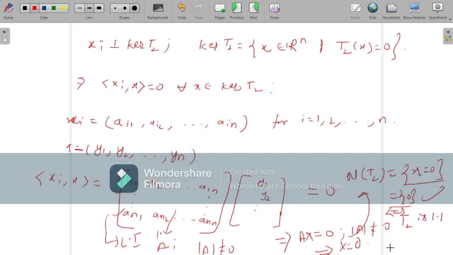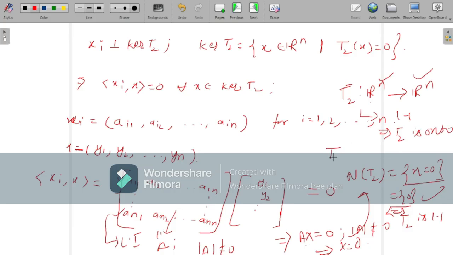See, T2 is a linear transformation from R to the power n to R to the power n. Both these are the same dimension. So if T2 is 1-1, this will imply that T2 is onto.